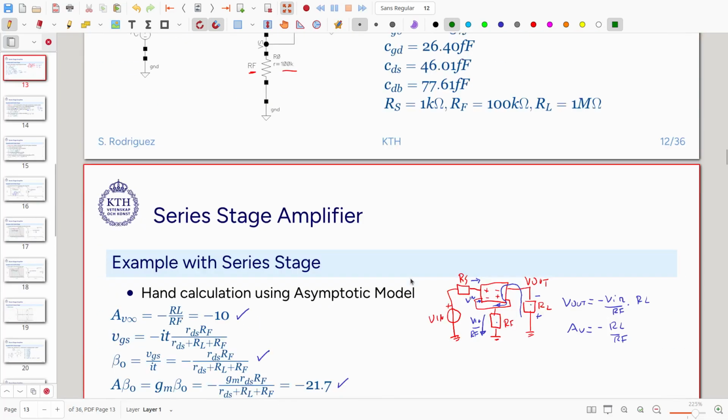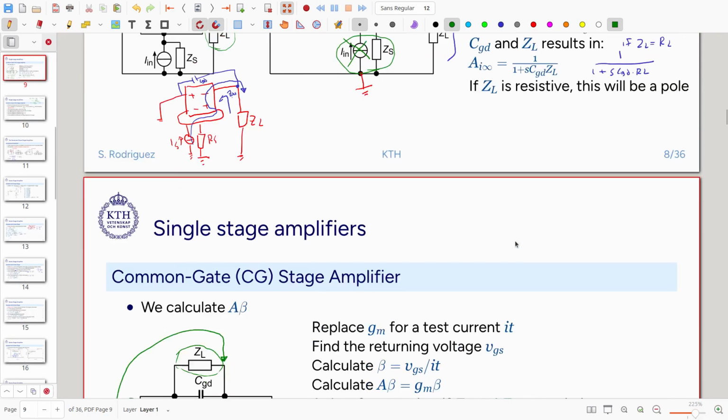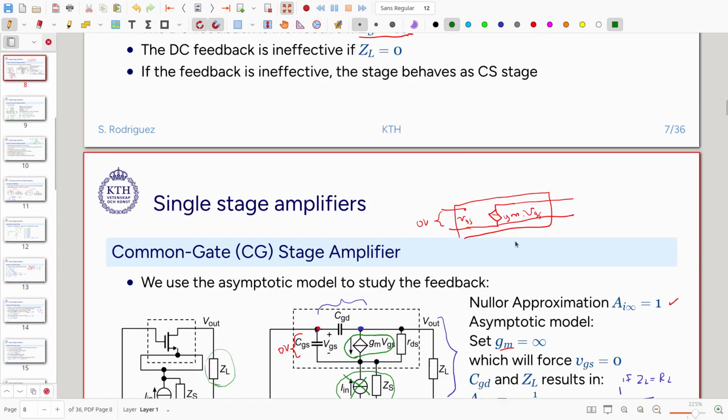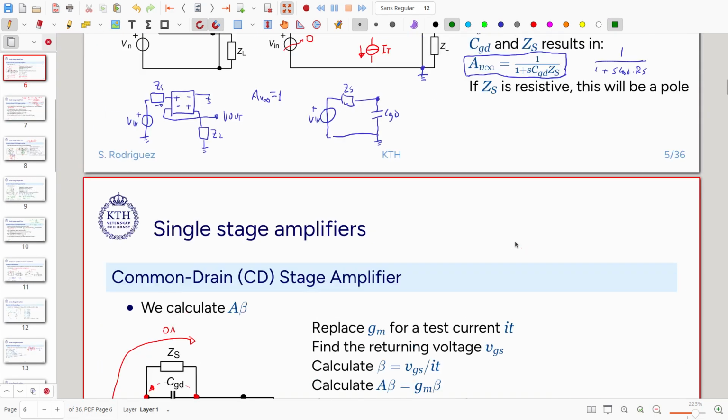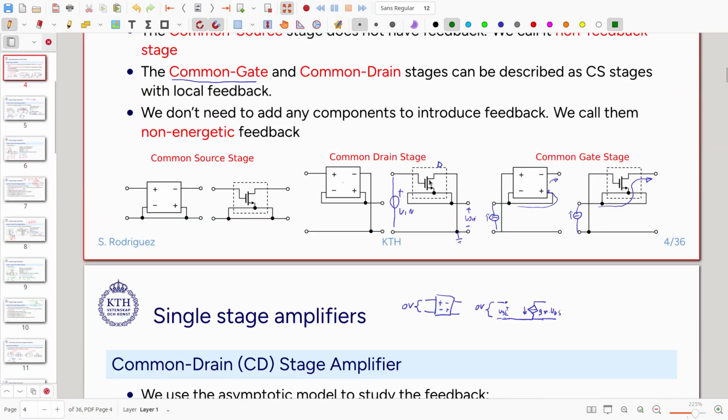And in some cases, we will also use series stages and shunt stages. Then we will have basic configurations, like the common drains, common gate, and the more useful will be the common source stages.